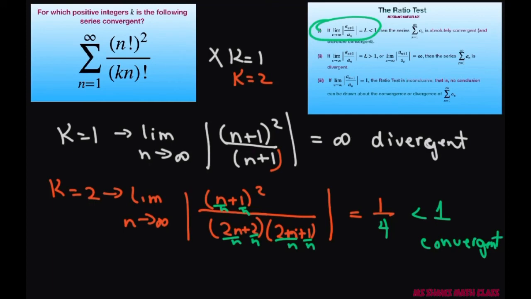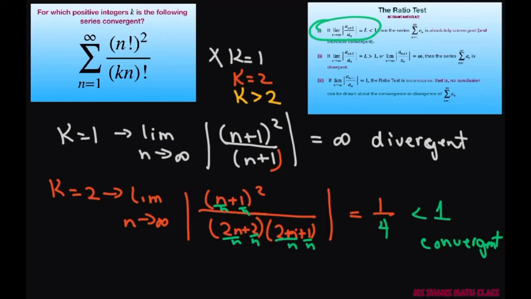Now, if k is greater than 2, then the highest power of n in the denominator is larger than 2, so the limit is going to be 0.